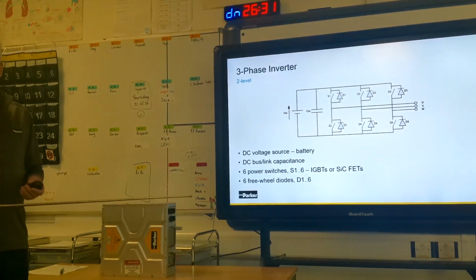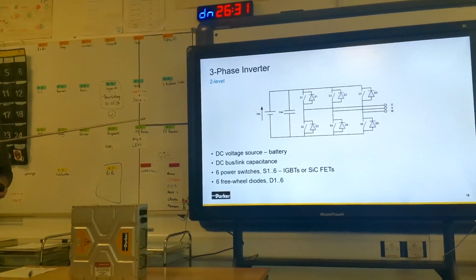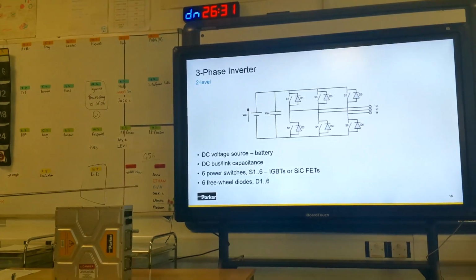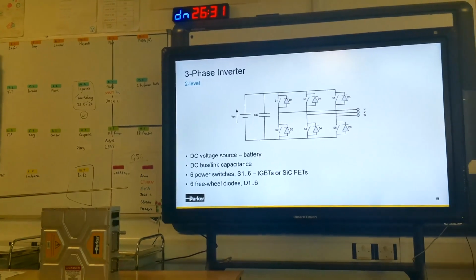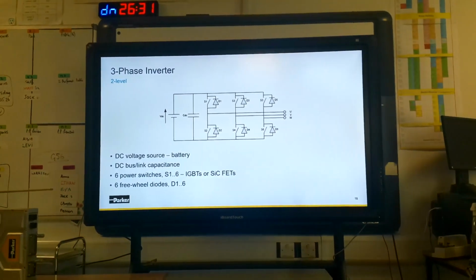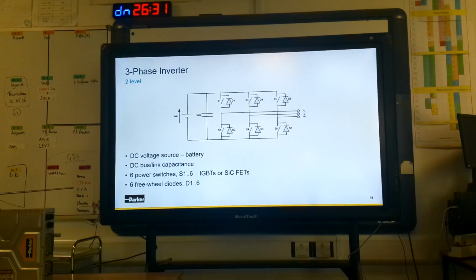There are other topologies which have more steps. You can get 3-level inverters, 5-level inverters. They have more power switches, which is a compromise between waveform quality and cost. But this is typically what you would find in most industrial applications, in fact, most electric vehicle applications as well.